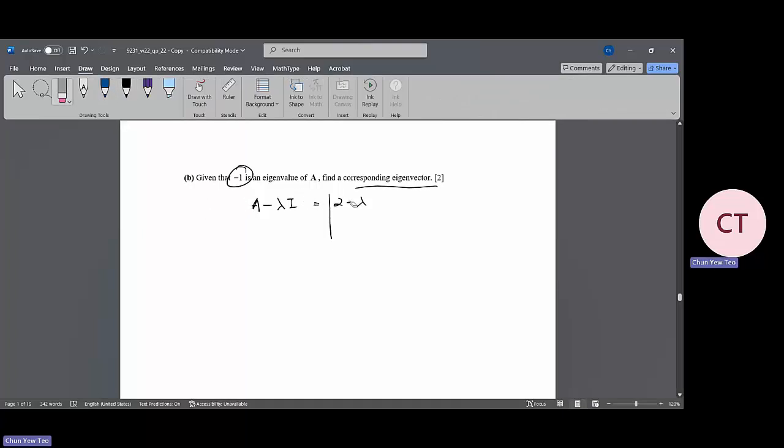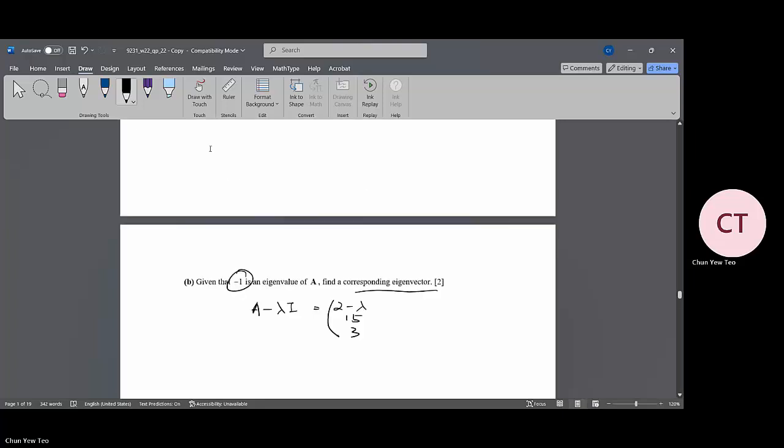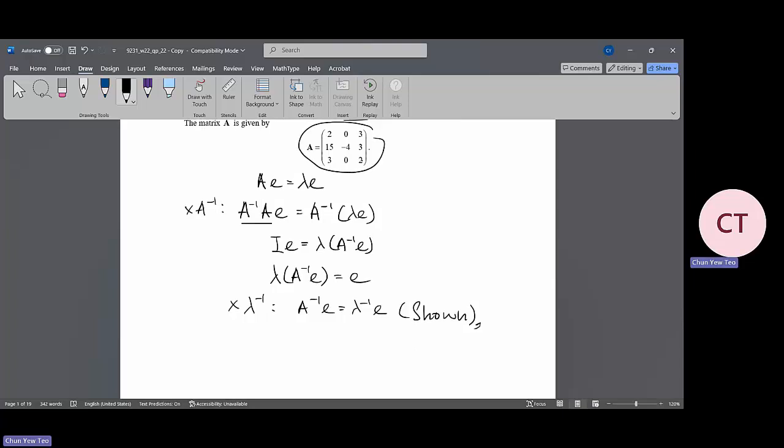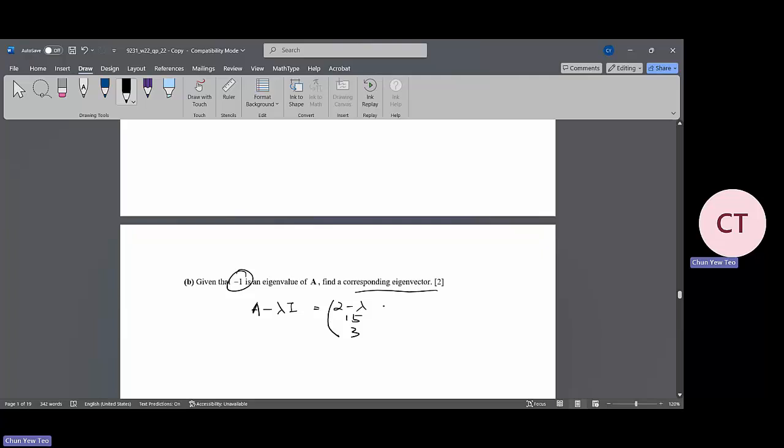We only make it like this, matrix only. So it will be 15, 3, this matrix, 0, -4 minus lambda, 0, and 3, 3, 2 minus lambda. Okay, so this is what we have.